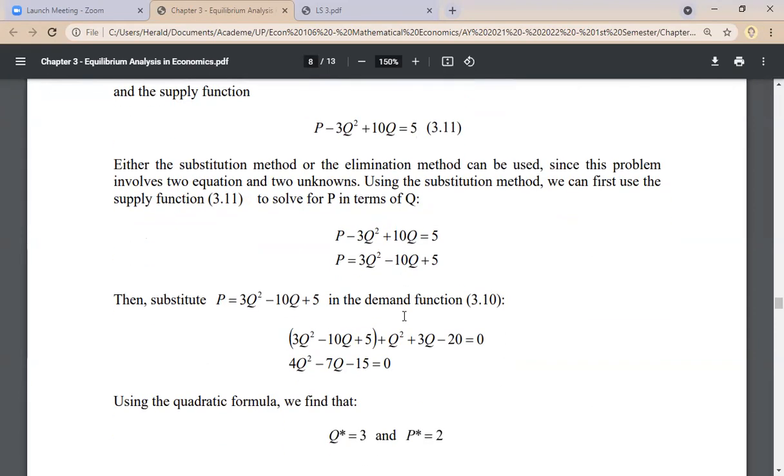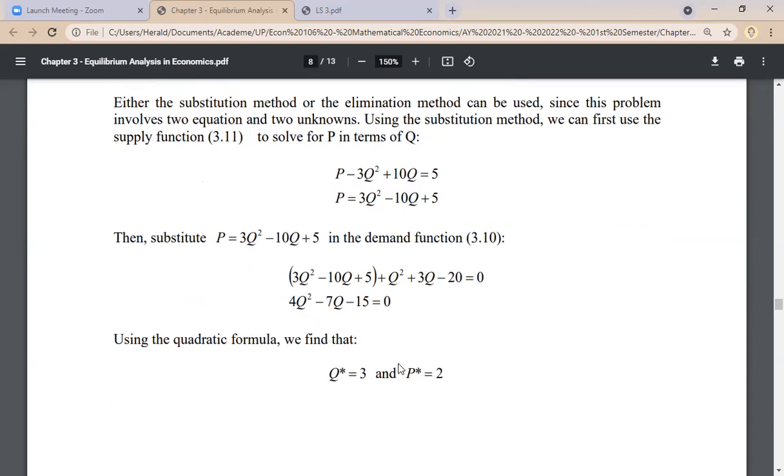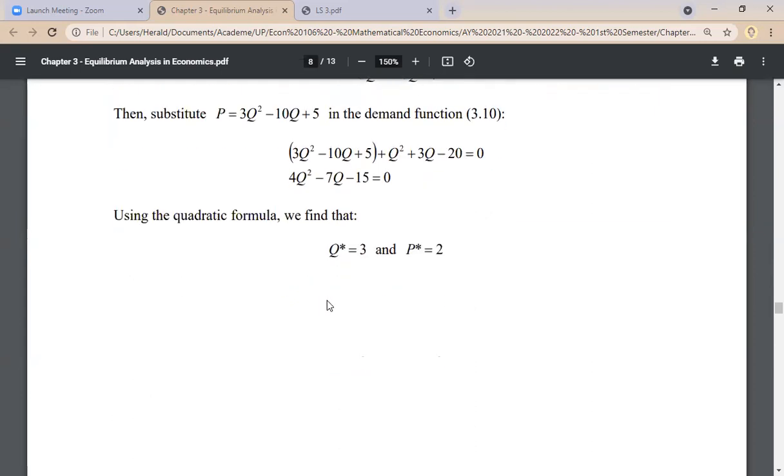Either way, you will arrive at one single equation, which is equal to this one. And based on this, class, you have one unknown, which is q. So you're certain that the roots that you would be solving using the quadratic formula would yield a value for q. And with that, you will be confronted by this one here.